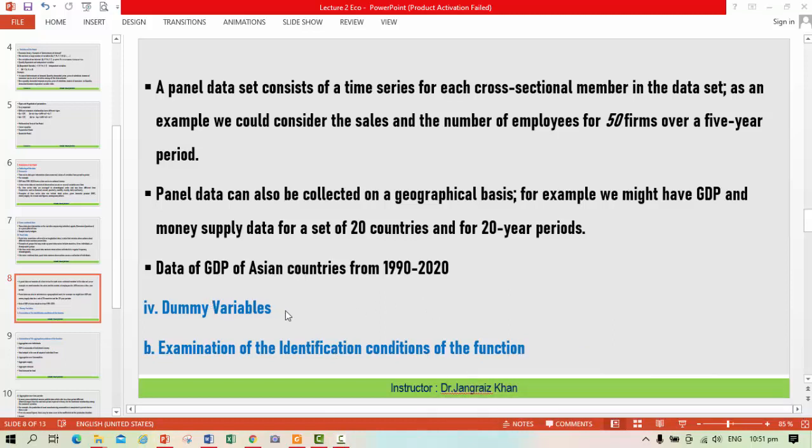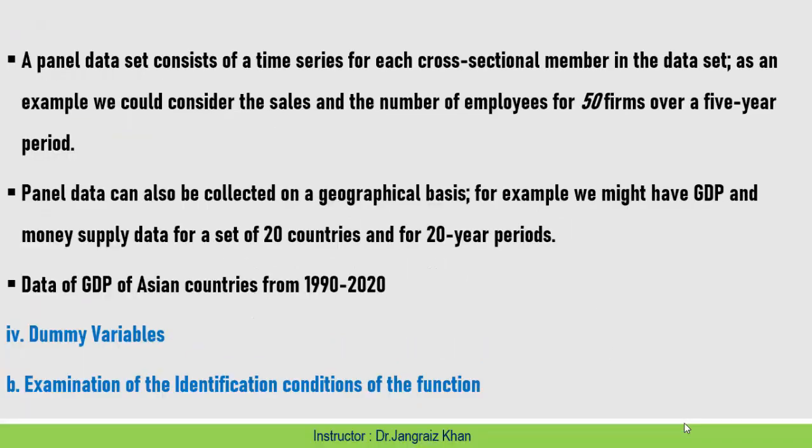Similarly, sometimes we make use of dummy variables. Dummy variables are used as proxies for those variables which are not directly measurable. For example, in case of gender, male and female, we usually represent the male by 1 and female by 0.